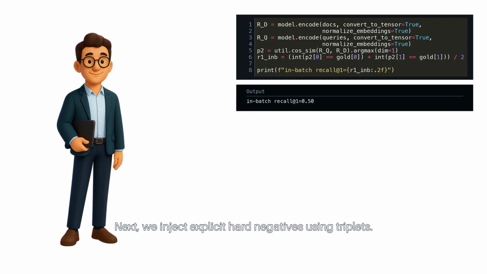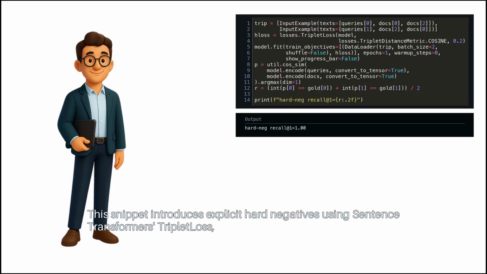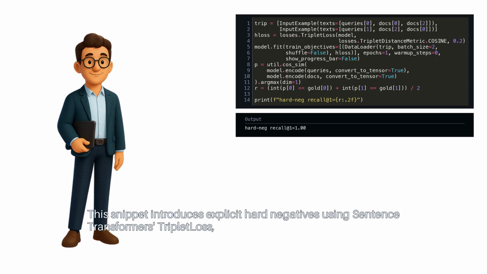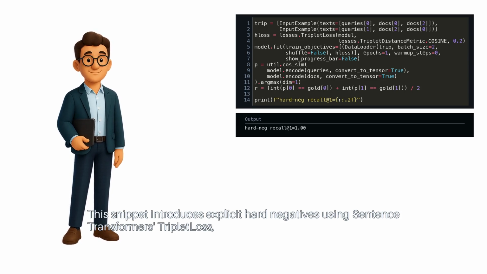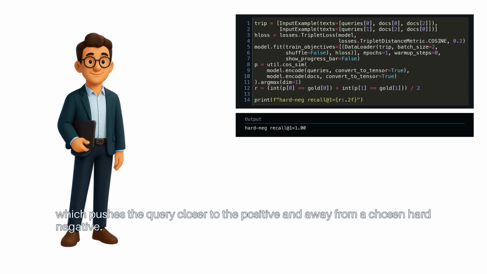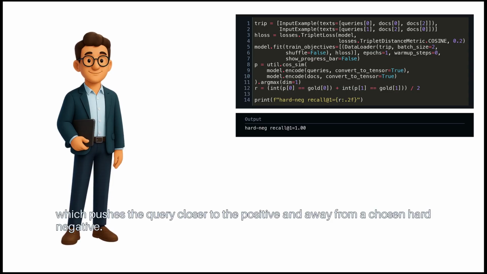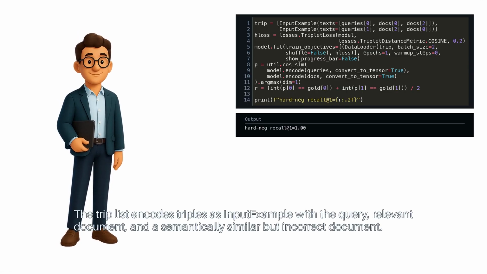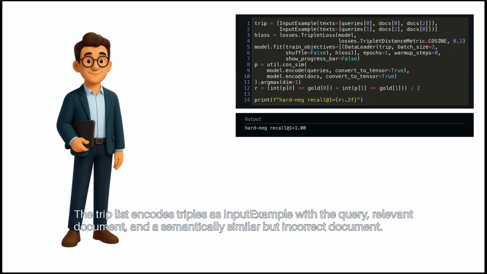Next, we inject explicit hard negatives using triplets. This snippet introduces explicit hard negatives using sentence transformers TripletLoss, which pushes the query closer to the positive and away from a chosen hard negative. The trip list encodes triples as InputExample with the query, relevant document, and a semantically similar but incorrect document.